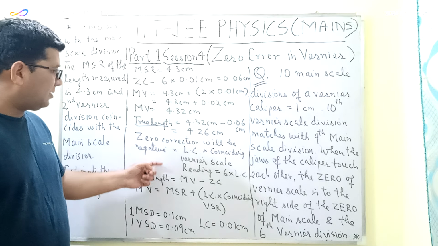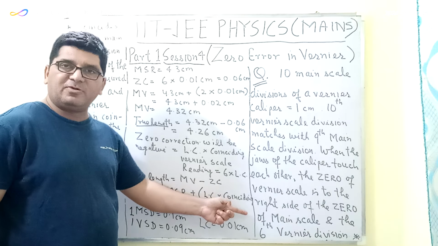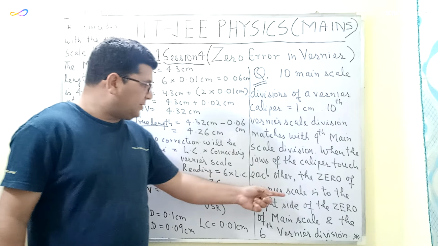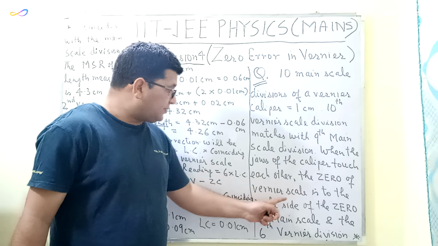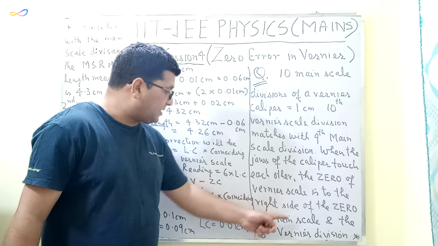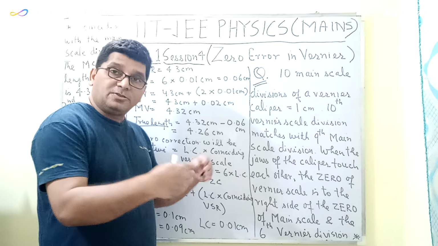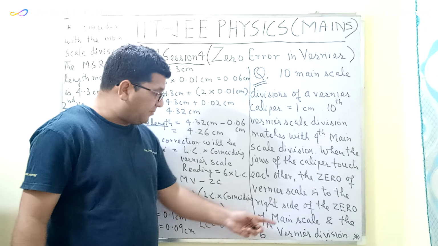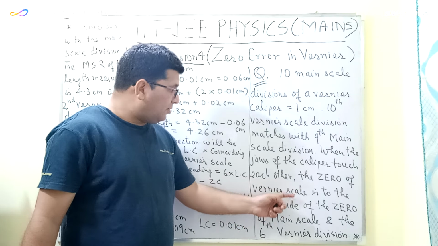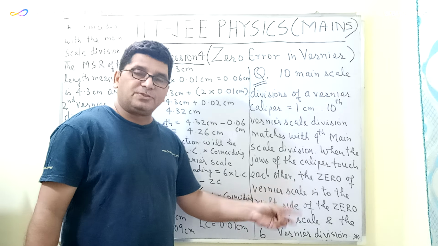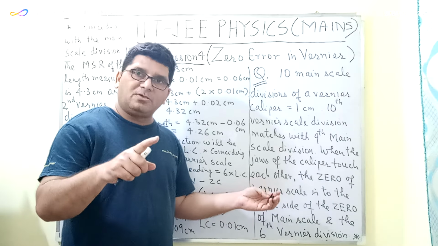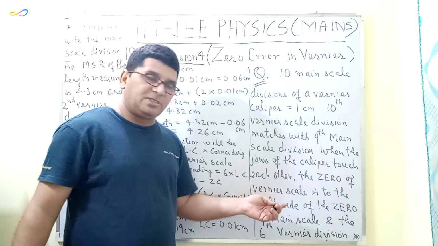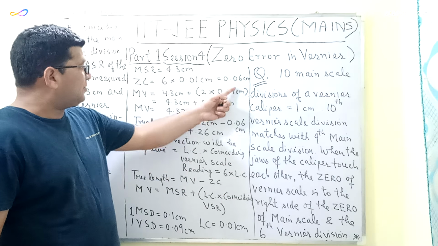So in this question, the most important thing which we have to remember is that when the zero error is positive, the zero of the vernier scale is on the right side of the zero of the main scale when the jaws of the vernier caliper are in contact with each other. When the zero error is positive, we have to apply the negative zero correction.